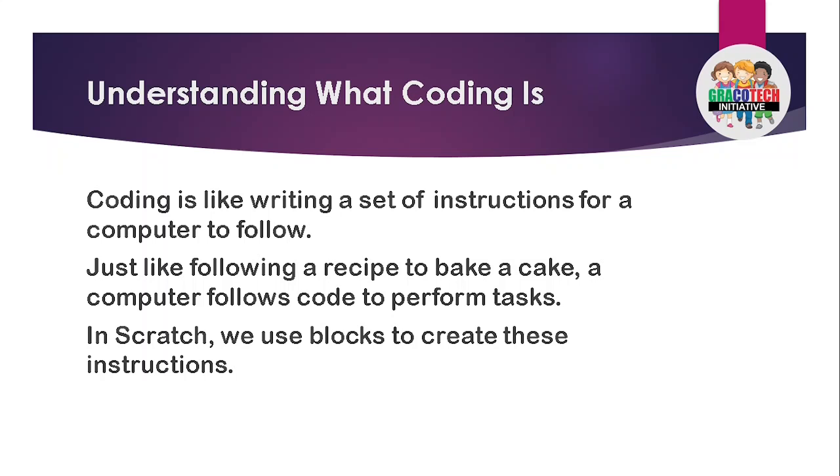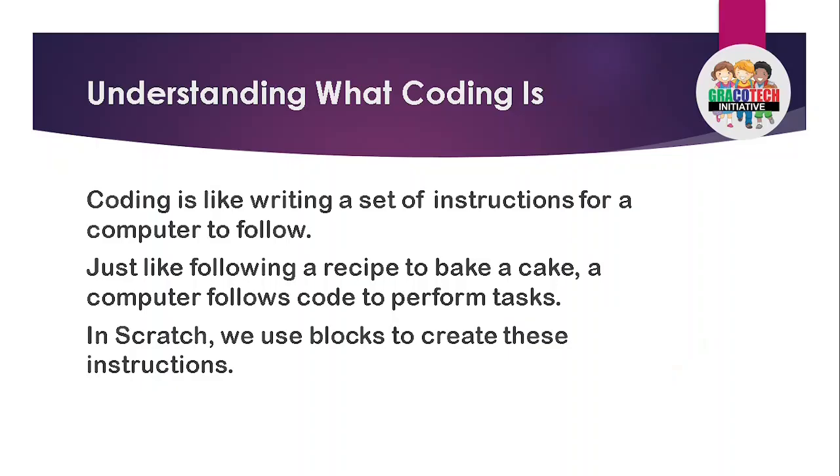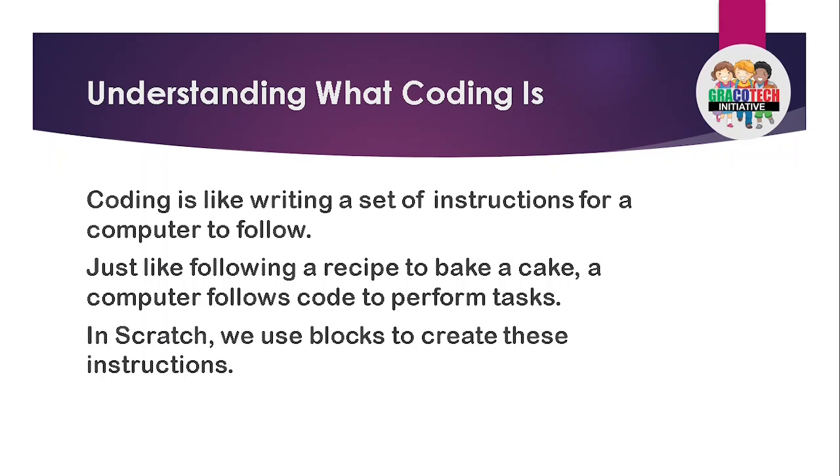Just like coding, the computer works basically with instructions. When you press the power button, it is an instruction sent to the computer to turn on. Whenever you are using your mouse and moving the cursor on the screen, you are sending instructions through the use of your mouse.